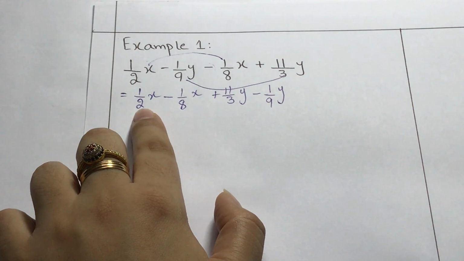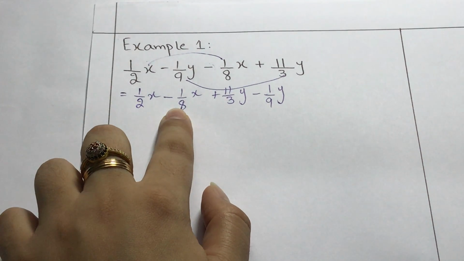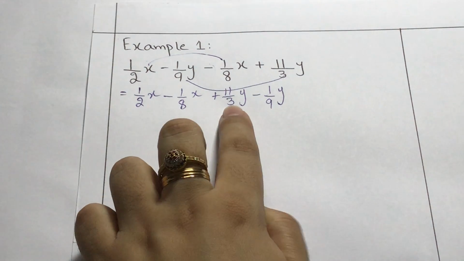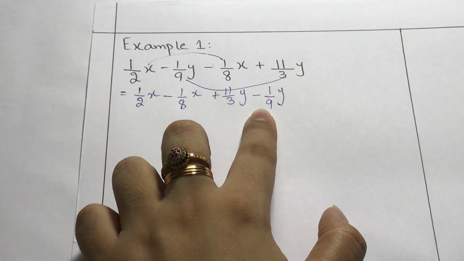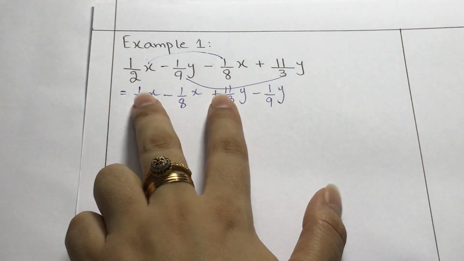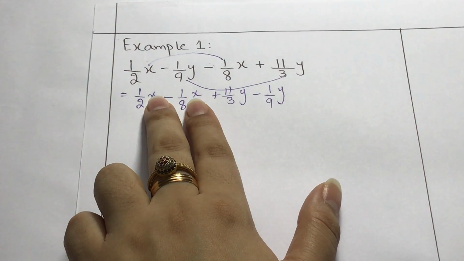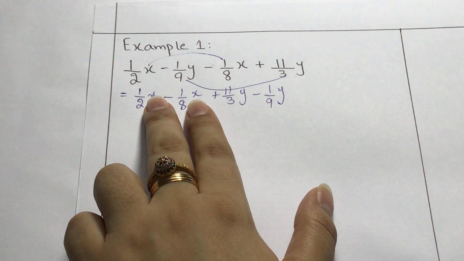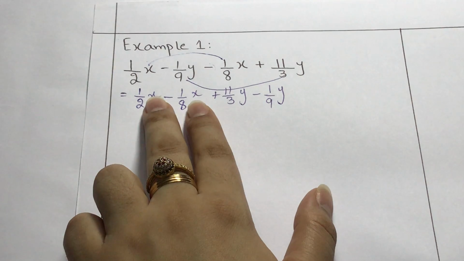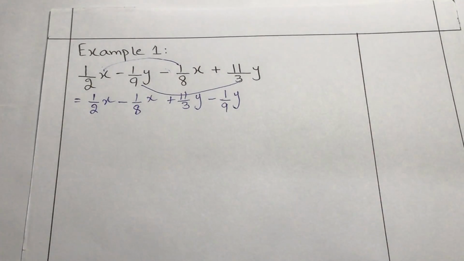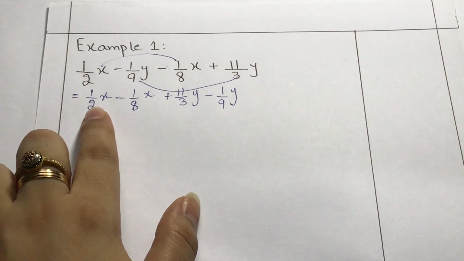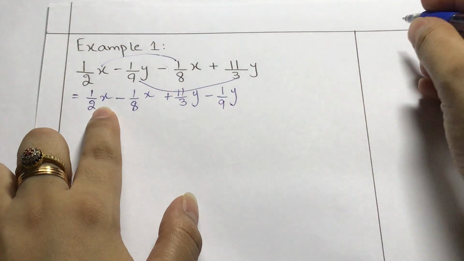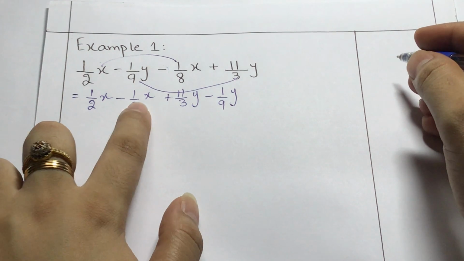Here you can see we have 2 and 8, two different denominators, and 3 and 9, again two different denominators, and these two pairs are unlike fractions. So first we have to convert these unlike fractions into like fractions. And how will we do that? We will take the LCM of the denominators. So our first pair is 1 over 2x and minus 1 over 8x.